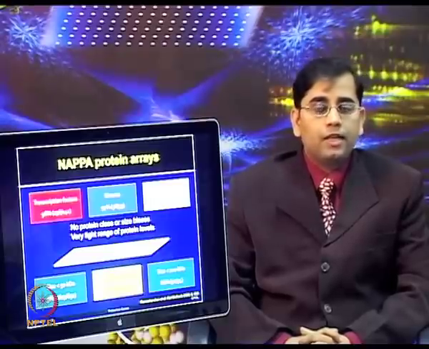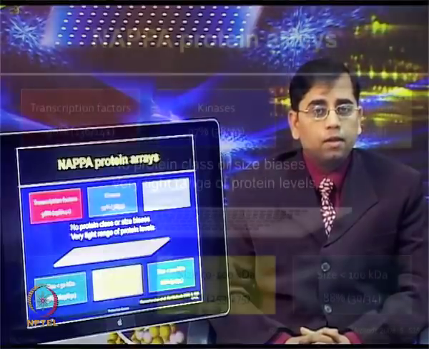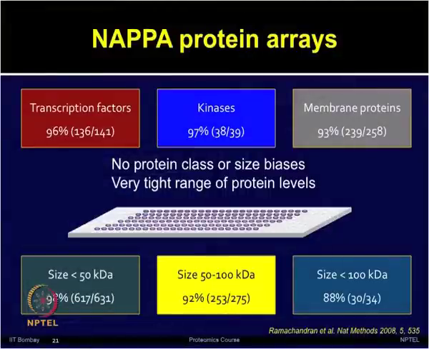For example, transcription factors: it has been shown that over 96% expression efficiency can be achieved when 141 proteins belonging to transcription factors were tested. 136 proteins showed protein expression. In kinases, out of 39 kinases, 38 expressed well on the array surface, over 97% efficiency.